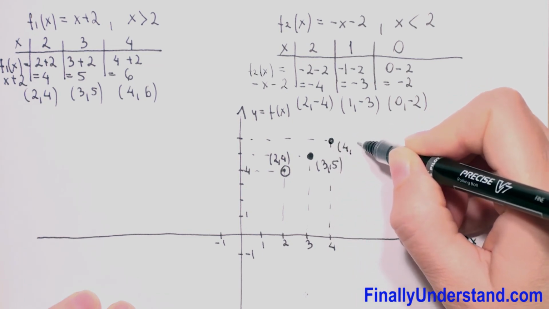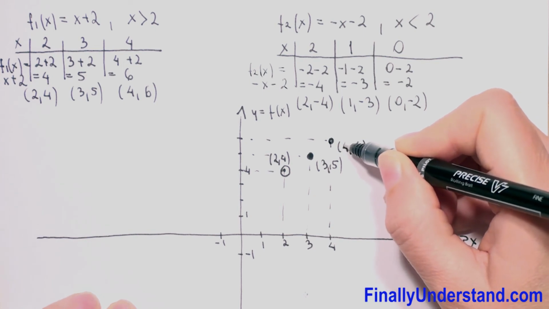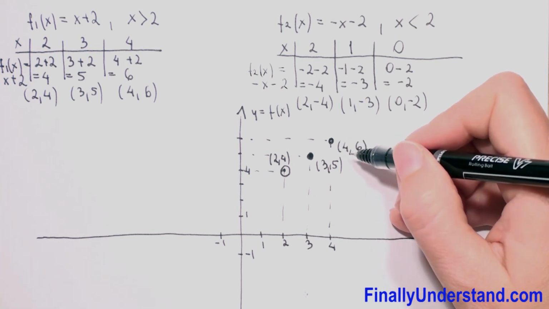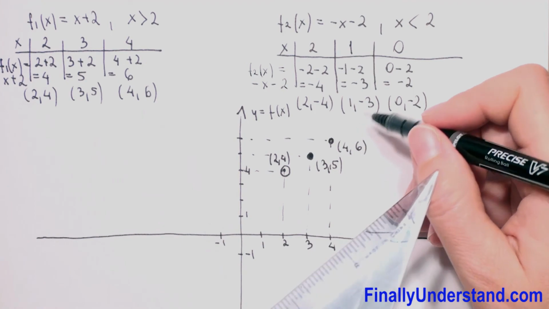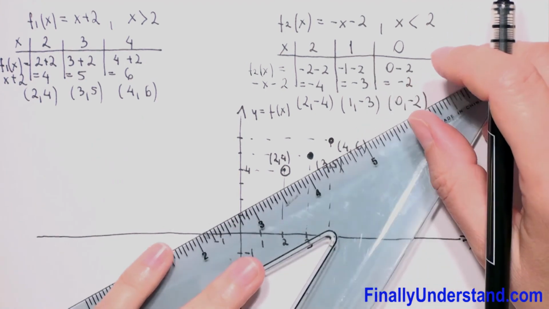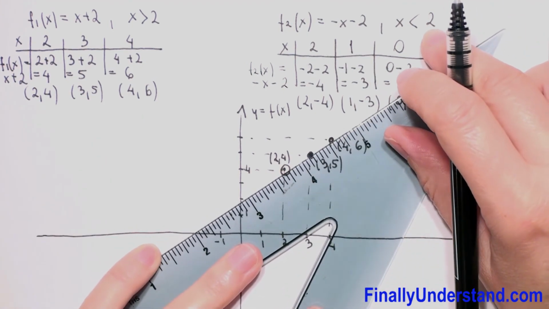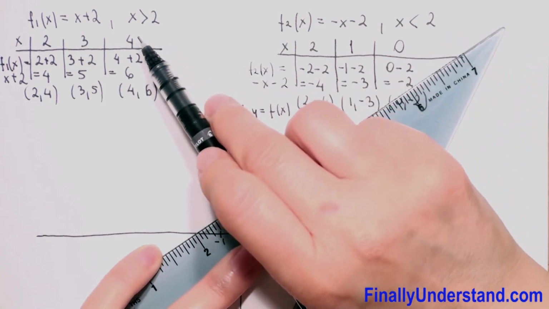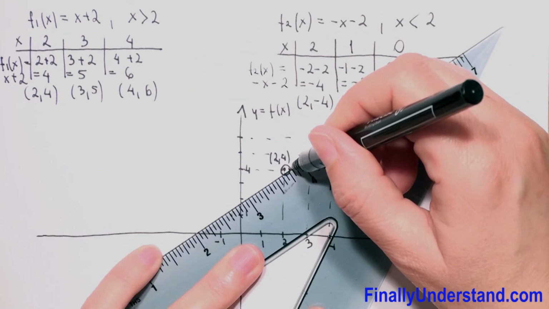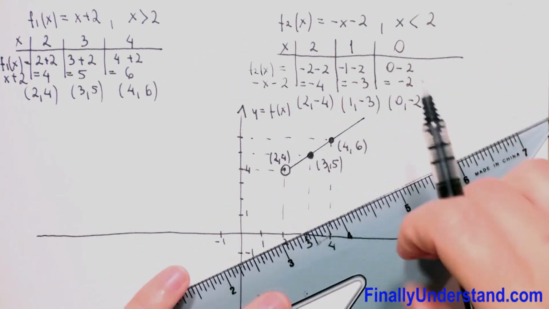So we can draw a straight line because we have a linear function. The graph is a straight line. X is greater than 2, so the graph goes to positive infinity.